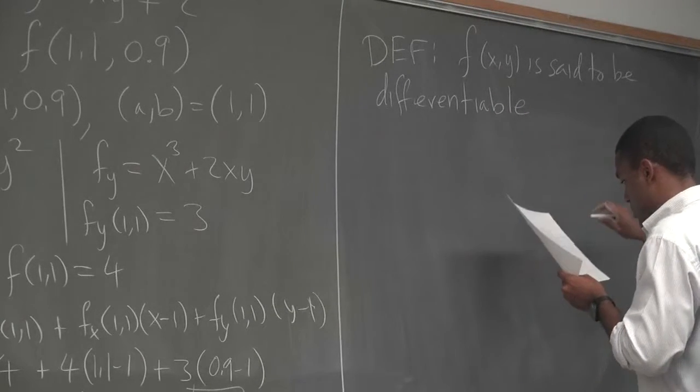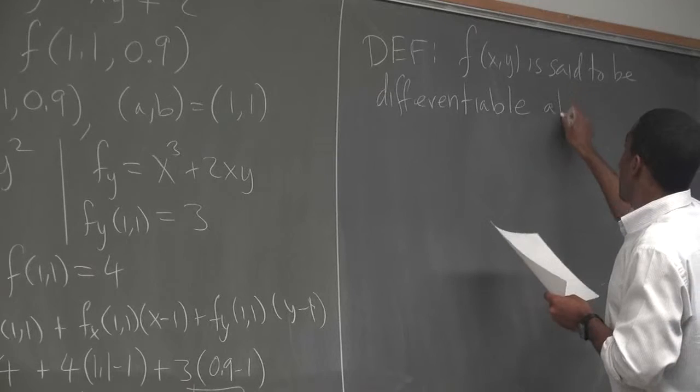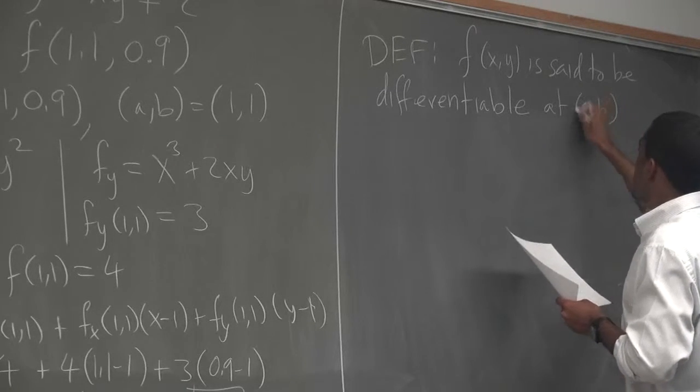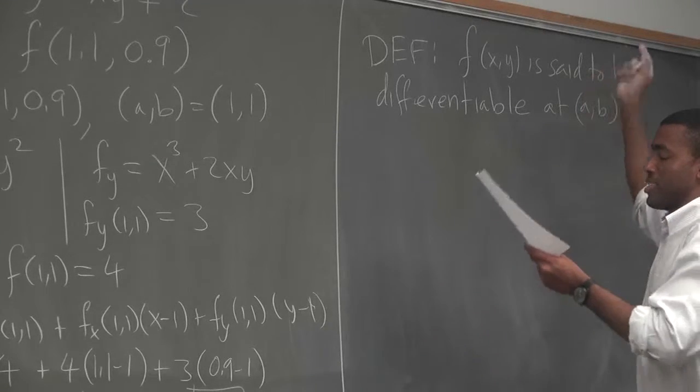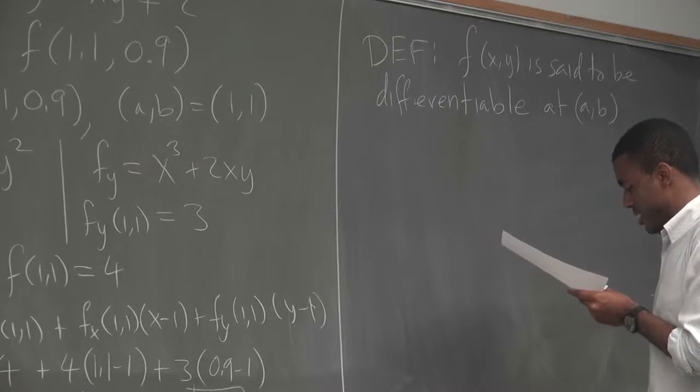Definition: differentiable at a, b. This is the easy one. There's another definition that I'm skipping, with epsilons. In the summer, I just think it's too much to go through.